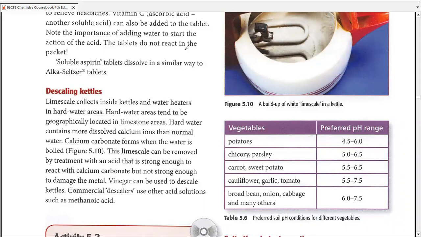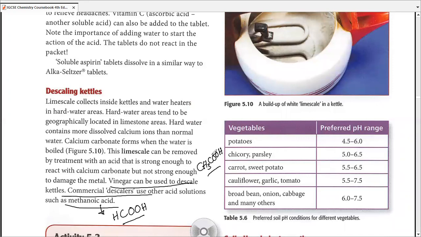I tend to tell my students that in this whole paragraph, you only need these 3 lines to be memorized. Remember, the formula of vinegar is CH3COOH. It is ethanoic acid by another name. And methanoic acid has the formula HCOOH. Both are acids, they just have slightly different formulae.